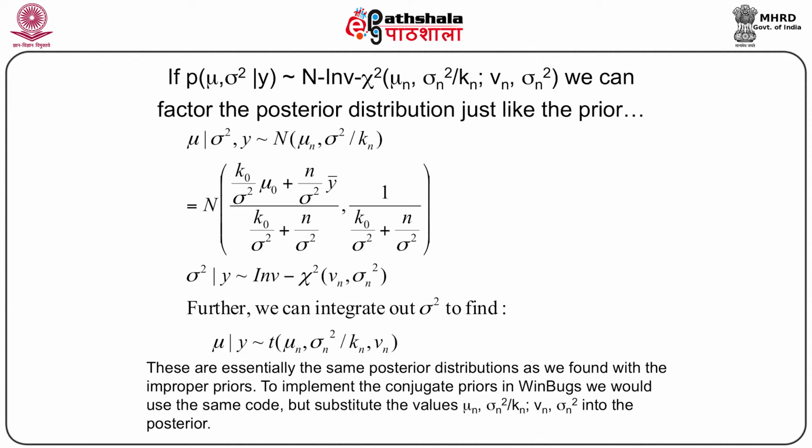So if we have y is normal mu, tau, what priors would we choose for mu and tau? I would choose mu normal 0, T, and tau gamma A, B, where A and B are small numbers and T is a large number, that means it's a flat prior, the variance is large.